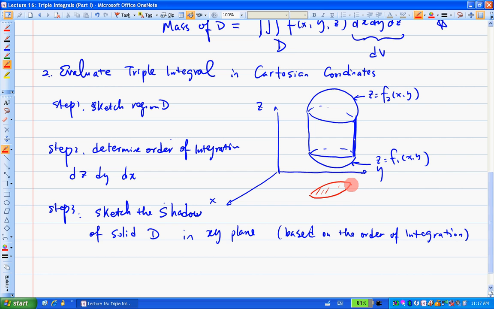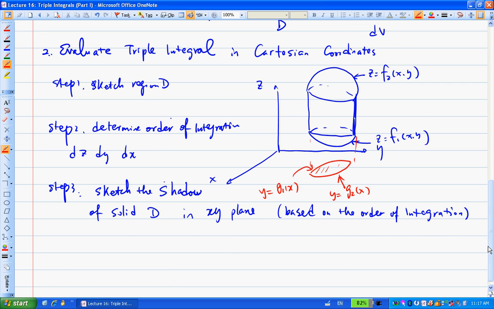This curve here, let's say this is g2 of x, and this curve here is g1 of x. So here's the xy plane. This is y equal to this, and this is y equal to that. That's two curves, functions of x. All right, so that's the shadow.